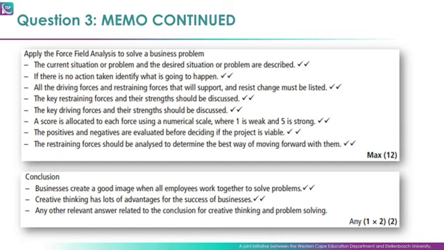Then you've got your conclusion, where you've got 1 bullet with, for example, businesses create a good image when all employees work together to solve problems. That is a result of putting in place creative thinking. So going back to what is required for a conclusion.